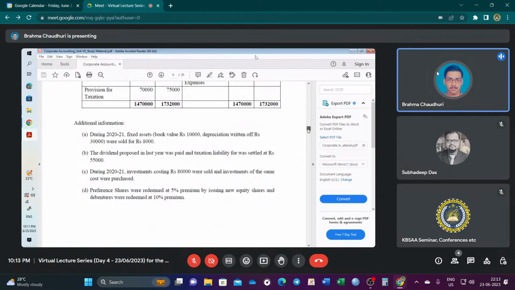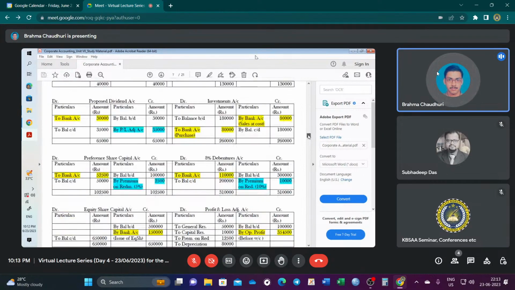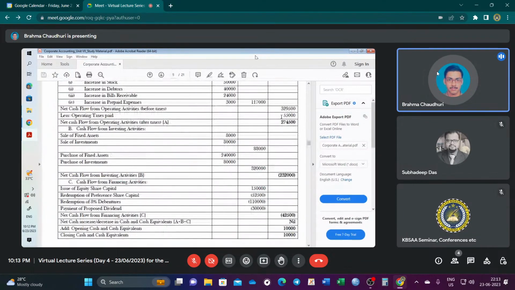However, during the year the taxation liability was settled for 55,000. So taxes paid is 55,000, and this will have to be deducted. After deducting these taxes paid of 55,000, we are getting the net cash flow from operating activities, that is 2,74,500.